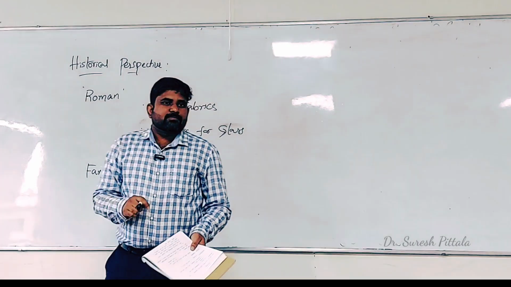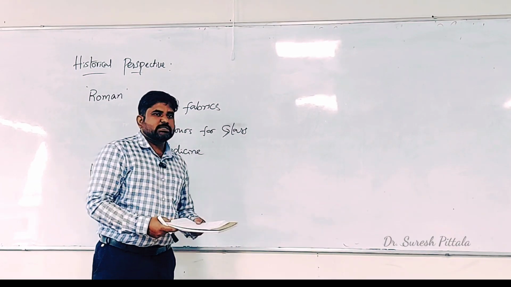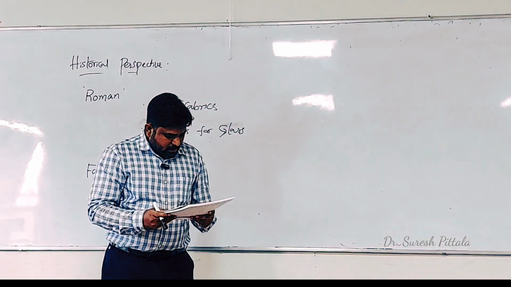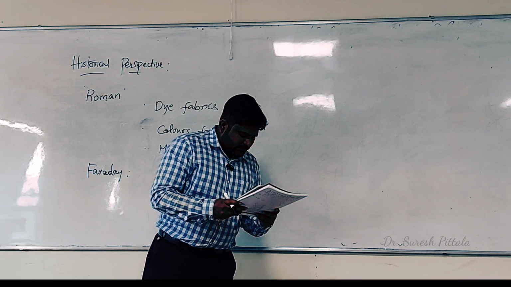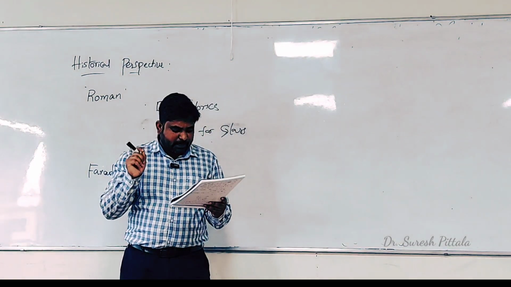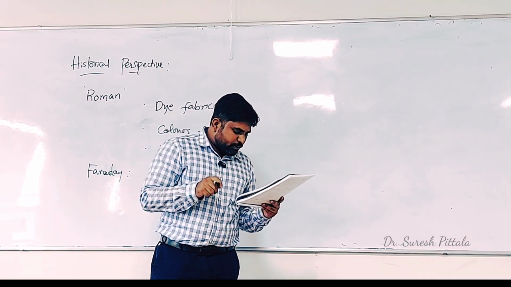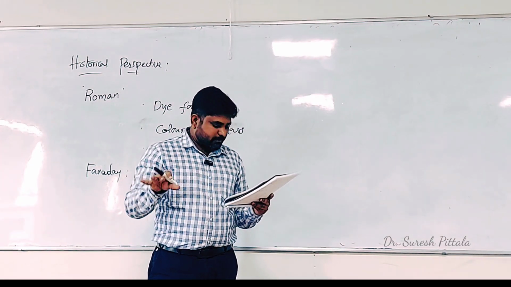Some of the properties. Let me read this very interesting statement made by Michael Faraday. I am reading for you. Gold is reduced into exceedingly fine particles, which becoming diffused produce a beautiful fluid.